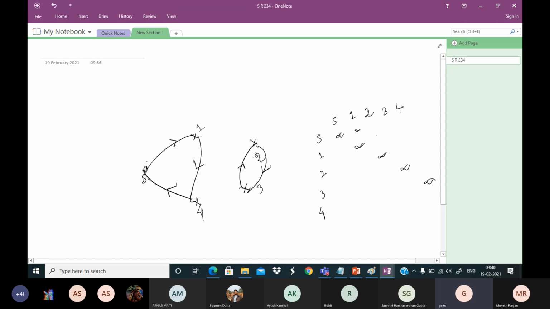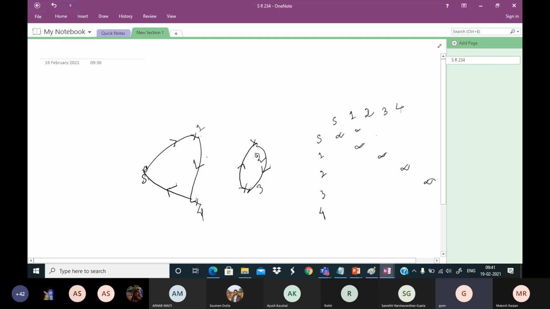That means suppose you choose this subtour, and in this subtour you want to make, say, x14 is 0. That means it cannot travel from 1 to 4. If you put this constraint, automatically this subtour will not be formed.